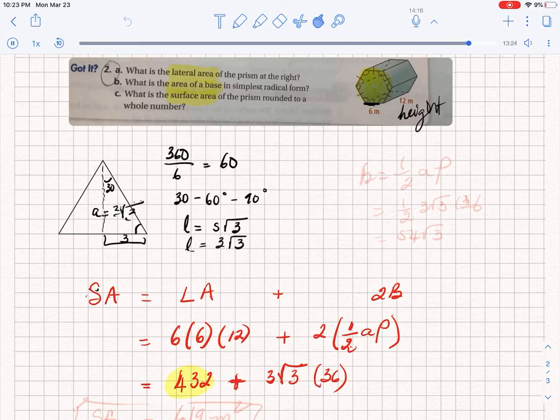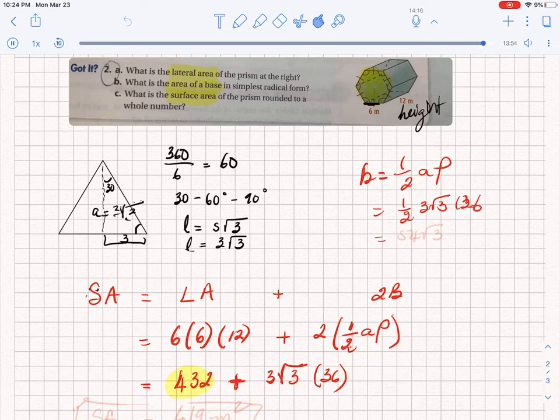As far as the base, I can have the area of one base equals one half a p, and then I'm going to have 1/2 times 3 radical 3 times 36.